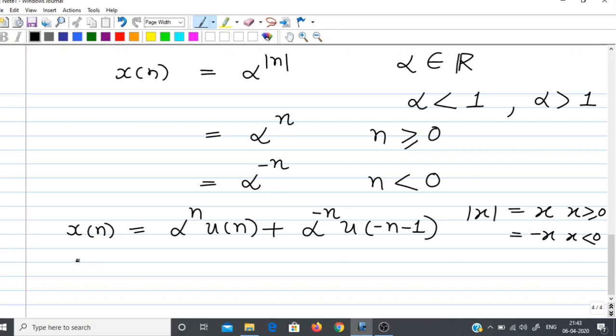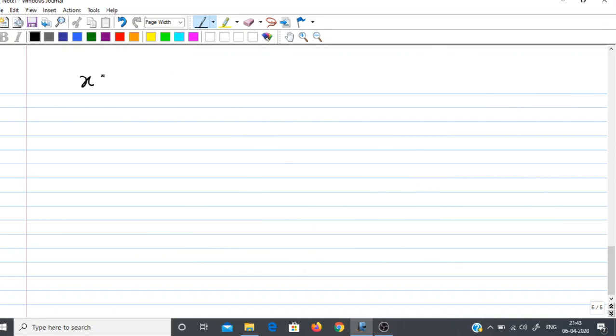So can we write the Z transform of this sequence X of z directly? I further simplify this sequence and write it like this: alpha to the power n u of n, plus the second part, which is 1 upon alpha to the power n, u of minus n minus 1. So this is our sequence in terms of two sequences.